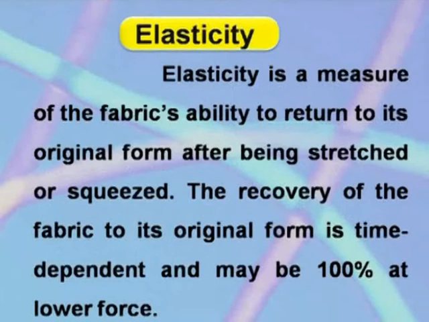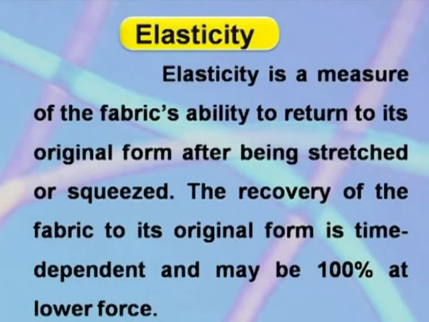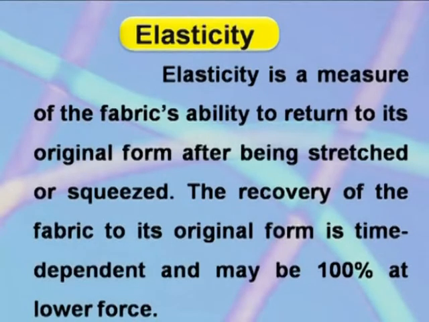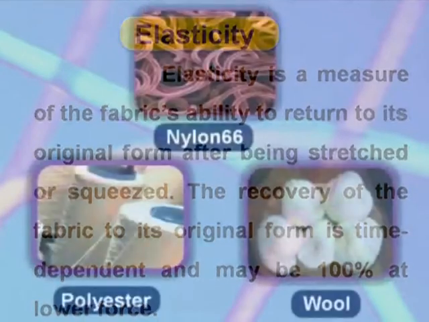Elasticity. Elasticity is a measure of the fabric's ability to return to its original form after being stretched or squeezed. The recovery of the fabric to its original form is time dependent and may be 100% at lower force.